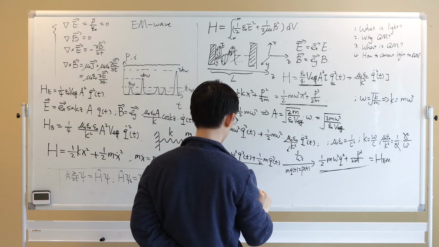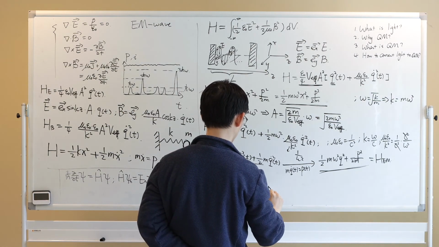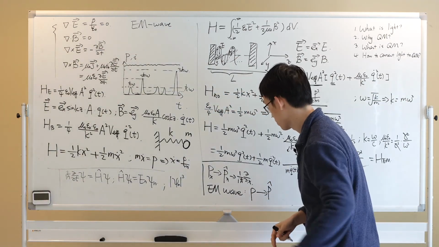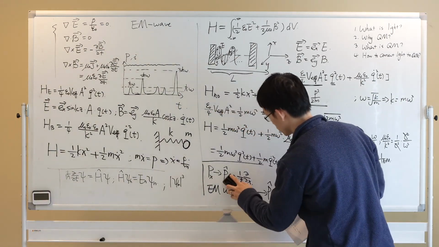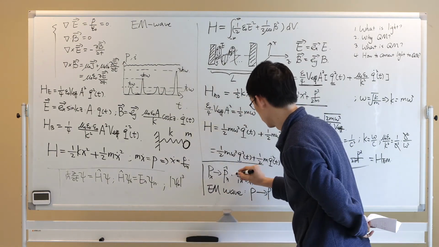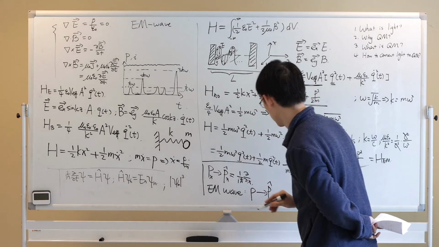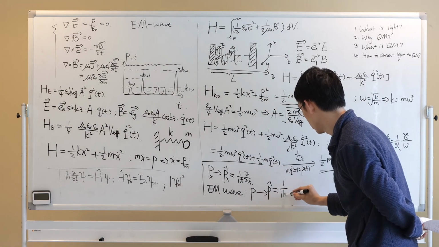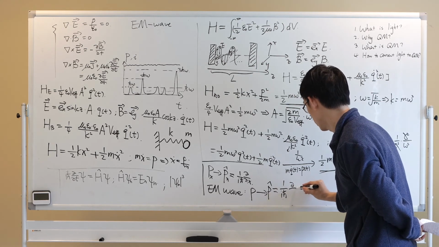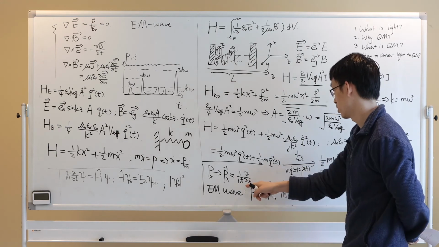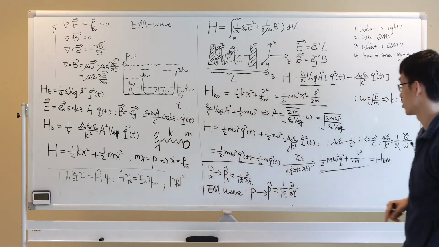So P goes to an operator, which equals iħ ∂/∂Q, because Q is equivalent to x in the Hamiltonian.